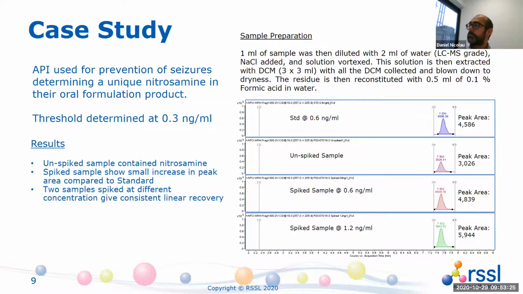Although we weren't able to achieve 100% recovery, we were able to use this information to at least understand how much nitrosamine was present in relation to this specific threshold. So in this case, we now moved on to a quantitative method in order to exactly determine the concentration of this nitrosamine at various points in their sample lifespan.